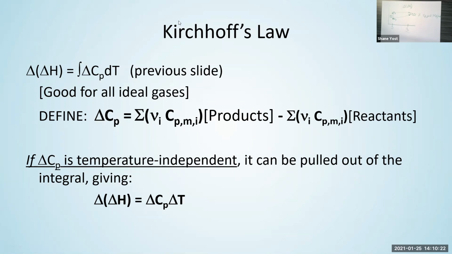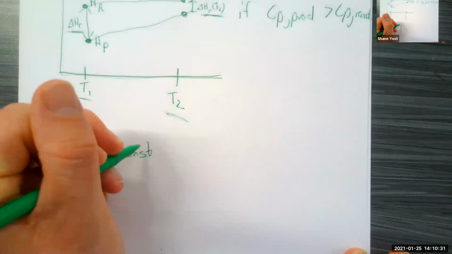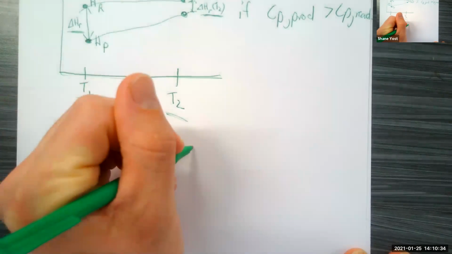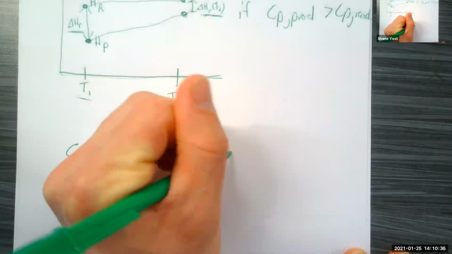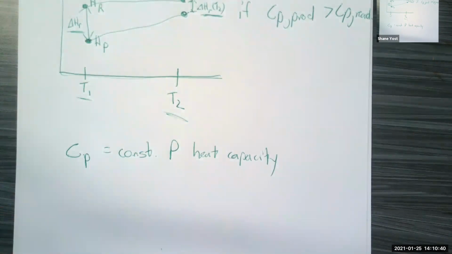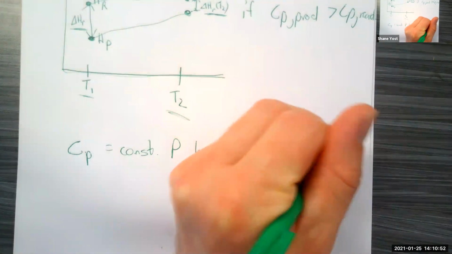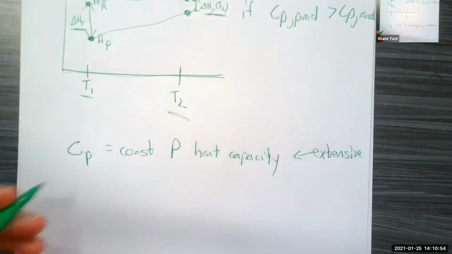For heat capacities, for example, Cp is the constant pressure heat capacity, which is under constant pressure conditions, how much energy does it take to raise the temperature of your substance by 1 degree Kelvin? This is an extensive quantity. It depends on the total amount of stuff you have.